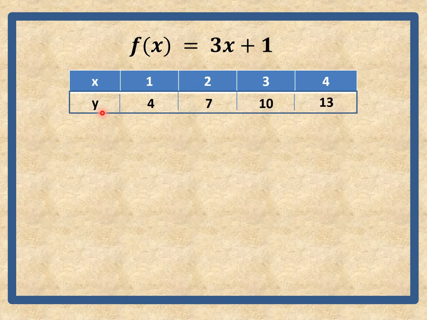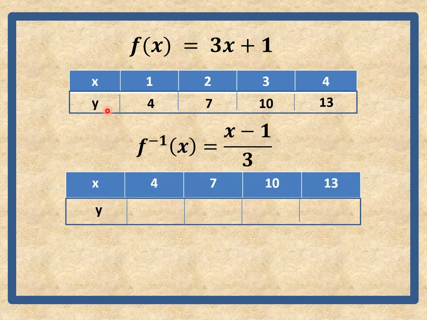Okay, let's try to solve now for our inverse function. For the inverse function, we are going to interchange the x and y. The y values here will become the x values in our inverse function.